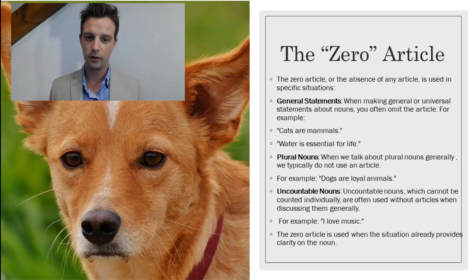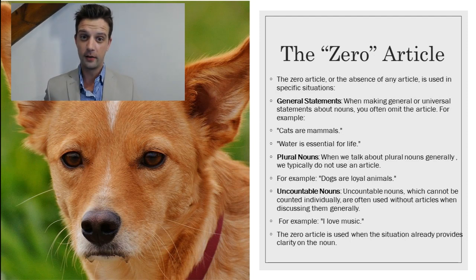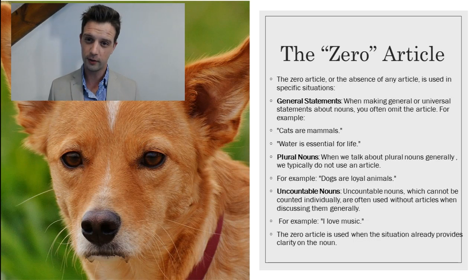Okay, so if the noun cannot be counted individually, then they're often used without articles. Okay, when we're discussing them generally. So I love rice, or I love music, or I don't eat sugar. Here we don't have to say the sugar, a sugar, and sugar. Okay, it will be incorrect. So that's the zero article.